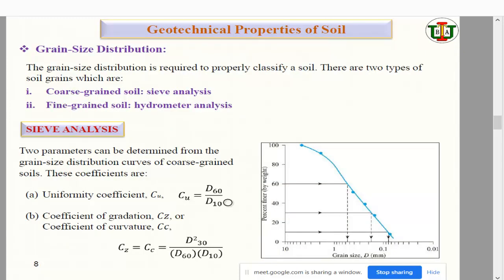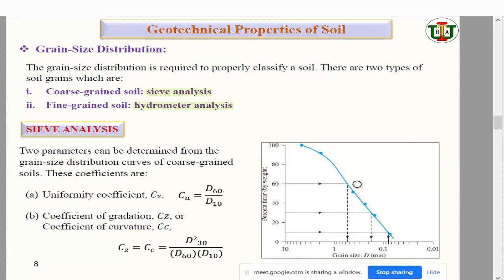Okay, so I think you did the grain size distribution, right? Yes, sir. For grain size, we do sieve analysis for coarse grained soil, and we do hydrometer analysis for fine grained soil. So now, can anybody tell me why we do hydrometer analysis for fine grained soil?